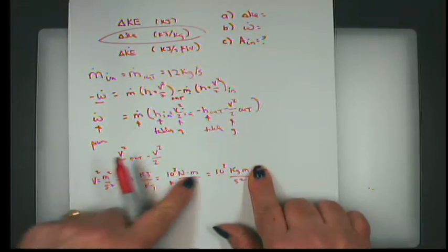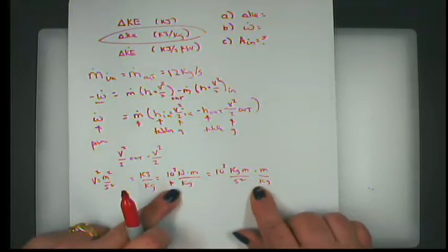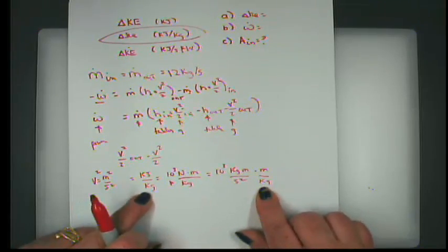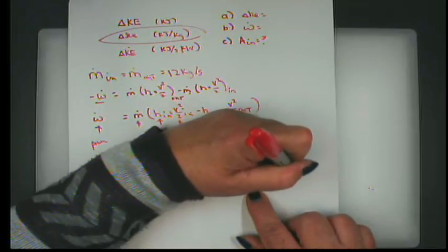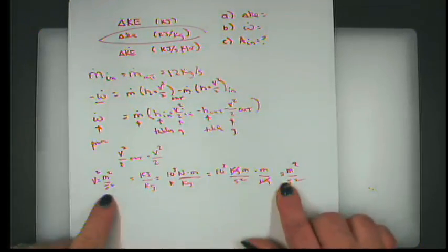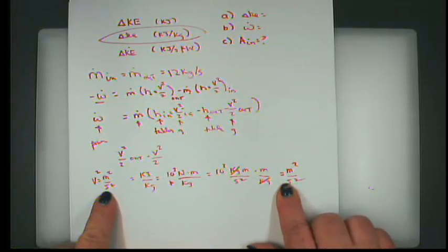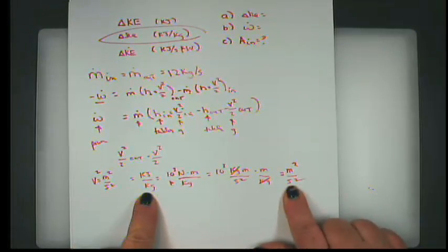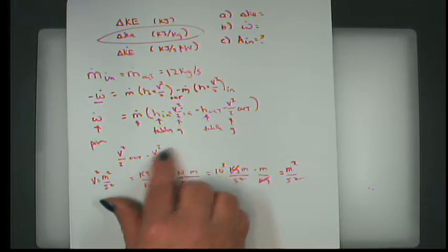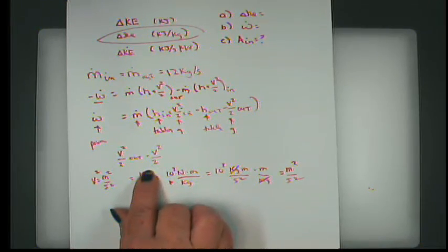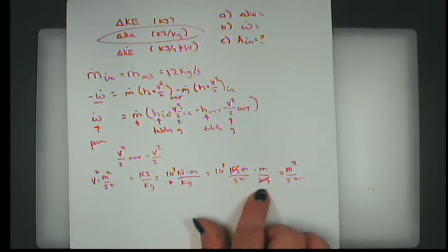Then I have a meter out here, and then I have a kilogram in the bottom. All right, so I find out that that's meter squared per second squared. So what I wanted to show you there is that kilojoule per kilogram is dimensionally equivalent to meter squared per second squared. So when you solve for this and you come out with an answer of meter squared per second squared, it is indeed a kilojoule per kilogram.